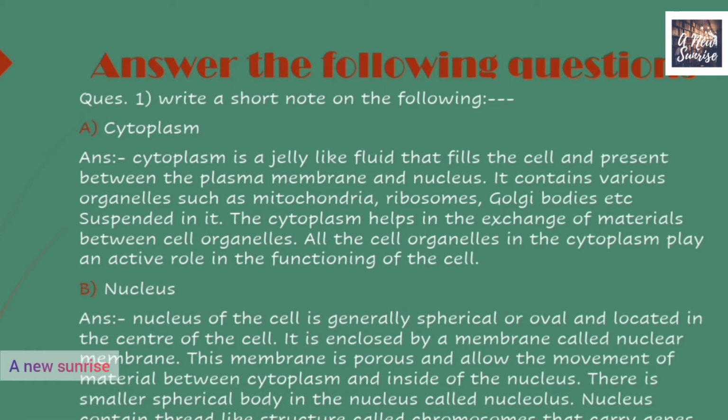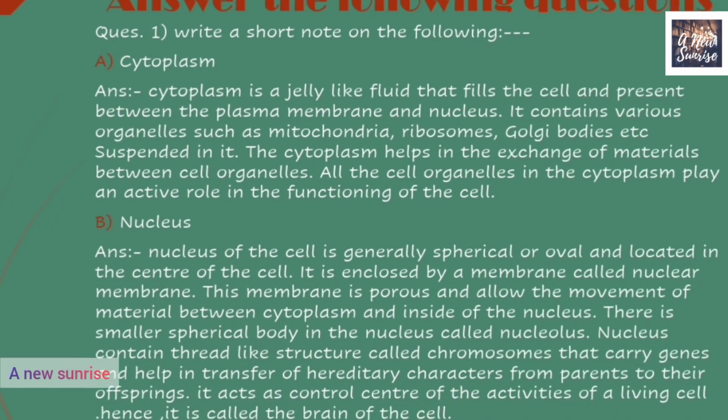It contains various organelles such as mitochondria, ribosomes, Golgi bodies, etc. suspended in it. The cytoplasm helps in the exchange of materials between cell organelles. All the cell organelles in the cytoplasm play an active role in the functioning of the cell. So this was a short note on the cytoplasm.